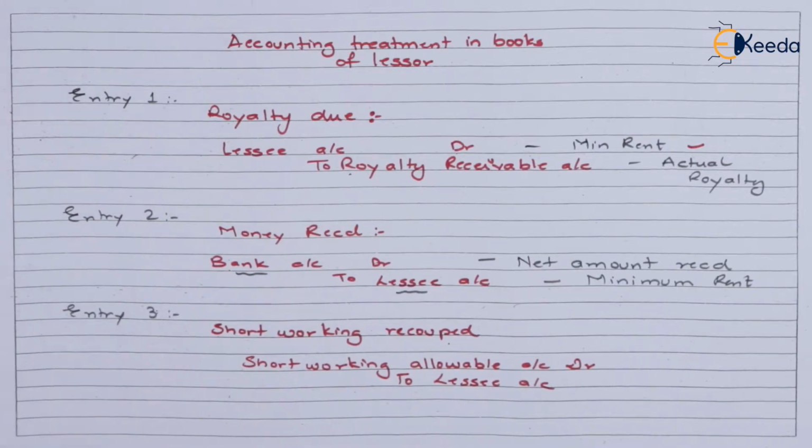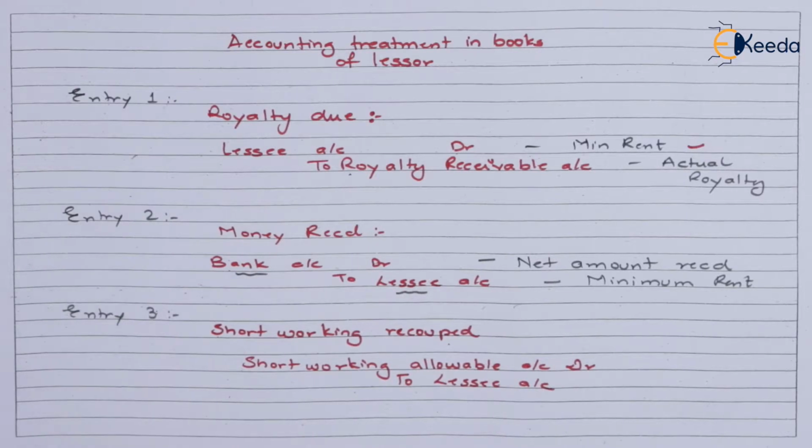Now the next entry that we're supposed to pass is the short working adjustment, that means short working recoup. Here, this refers to the amount that is adjusted. So the entry passed here is short working allowable account debit to lessee account.